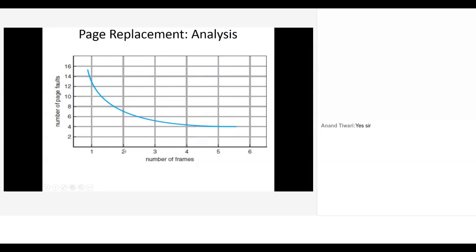And if you increase further, then you can see it is 5. And when you have increased to frame 4, the page fault is decreasing accordingly. As you can see here, for frame number 5, the number of page faults is 4 only, and then it is straight, meaning after a saturation point, page faults are neither increasing nor decreasing.